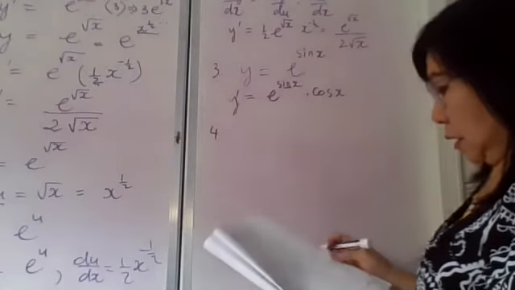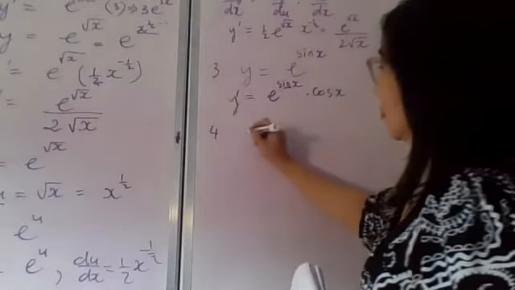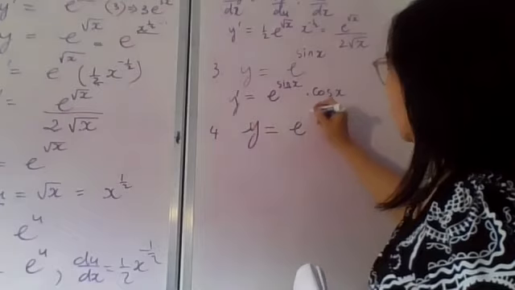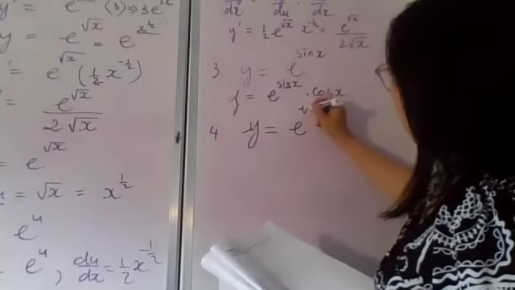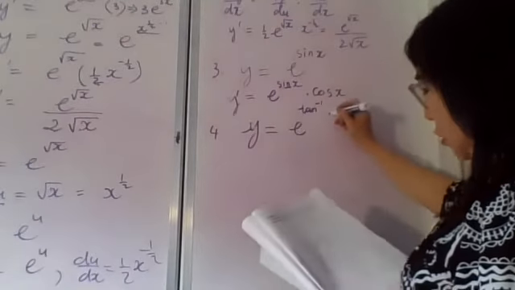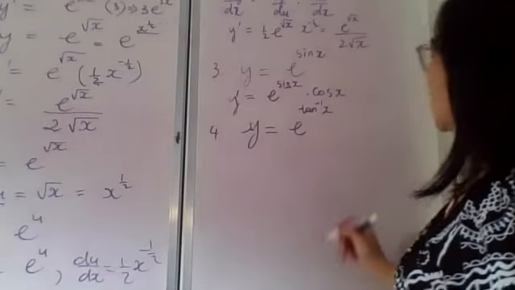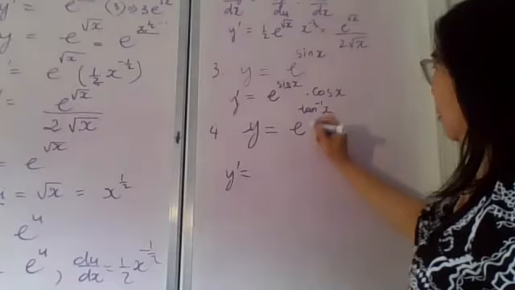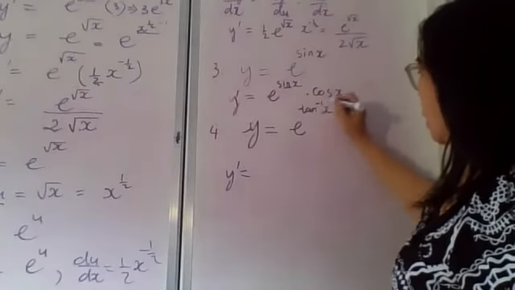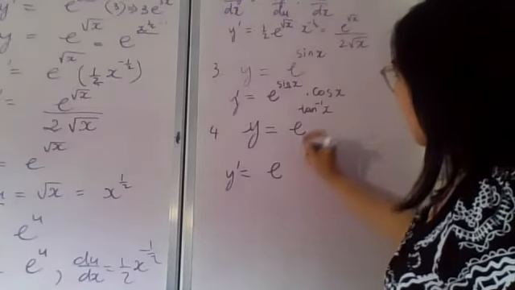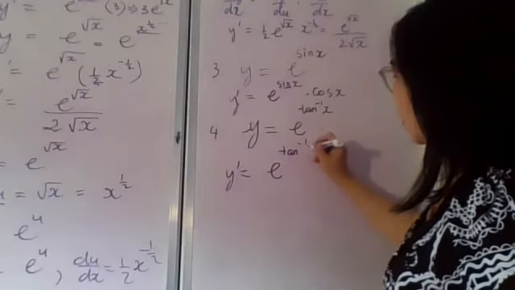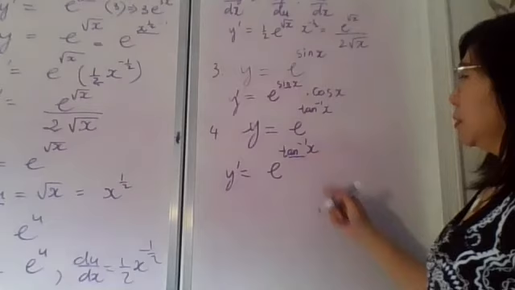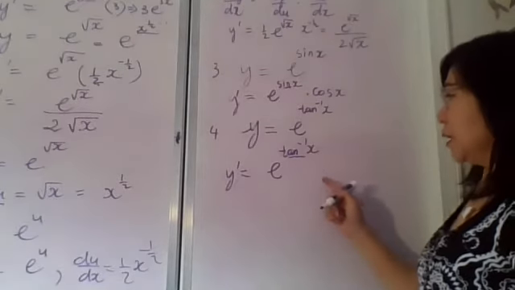Okay. Question 4. Let's say you have y equals e to the inverse tangent of x, like the inverse of tan x, right? So let's do the derivative. The derivative of e to the x is e to the x, so everything stays the same, nothing changes. However, we will take the derivative of the inner function, which is inverse tan x.